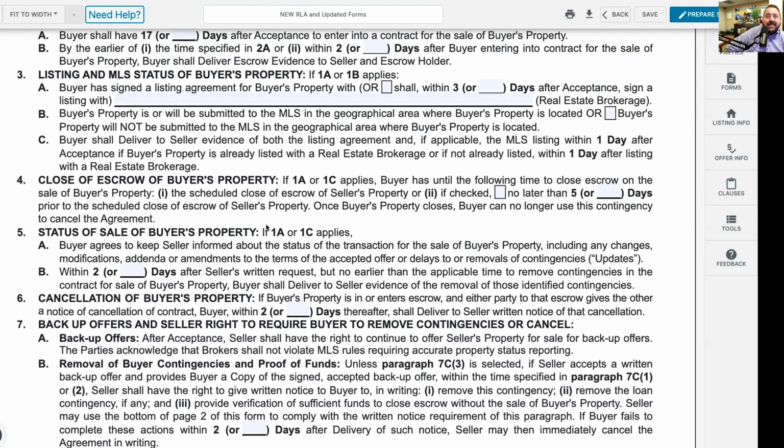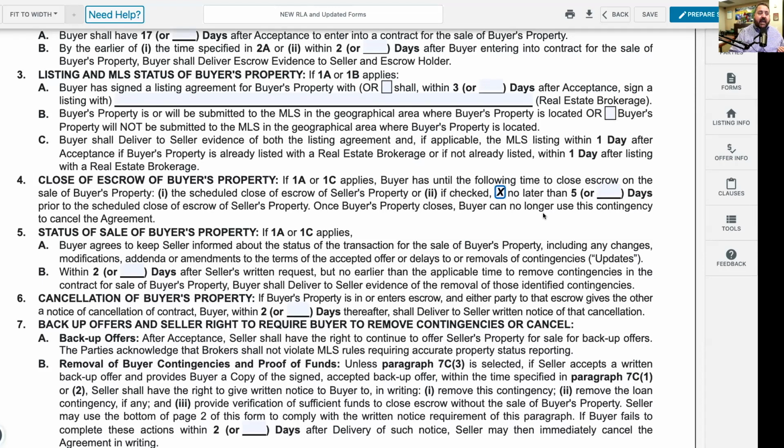Okay. Now, if I'm a buyer's agent, I'm going to probably leave that alone, right? The default of our contingency period is removed for close is due on the day we're supposed to close escrow. Okay. If I'm a listing agent and I have to put this in because the buyer's agent failed to do it properly when they submitted the offer, then I'm probably going to check this box that says no later than 5 days prior to our scheduled close of escrow.